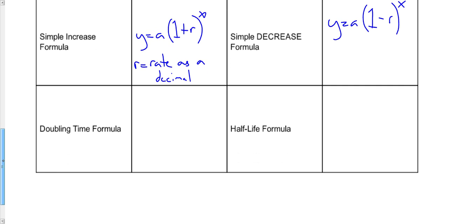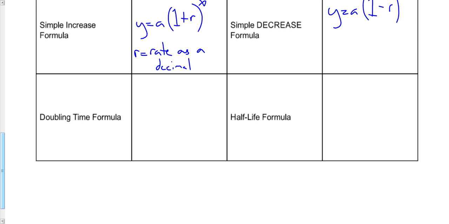The last thing that we'll cover here is the formula for doubling time and for half-life. Doubling time is just a special variant of an increase rate, but because it doubles, it goes to 200% of what it was originally. So the formula for doubling time is going to be: your final population is equal to your original population, P0, times 2 to the exponent t divided by d.